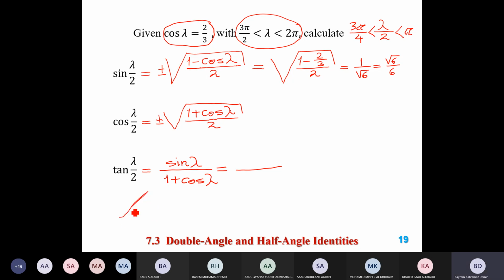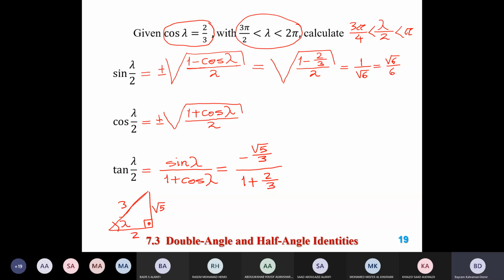By triangle, right, Shabab? Just easy technique by triangle. So lambda is here. Cosine lambda is 2 over 3. So that means 2 is here and 3 is here. This side is root 5. So the sine of lambda is negative root 5 over 3 divided by 1 plus cosine lambda, which is 2 over 3.